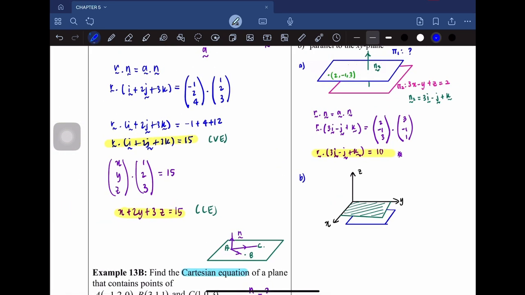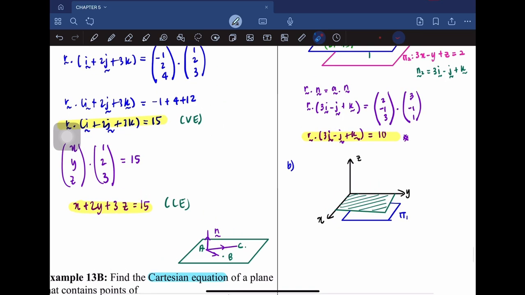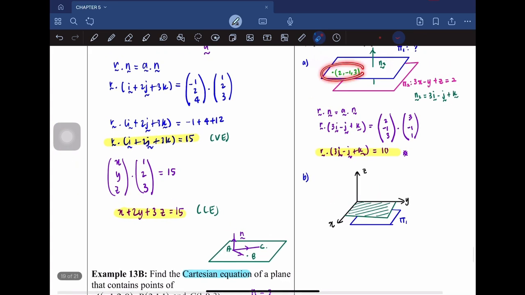Okay, so this is how it looks like. Our plane 1 is parallel to the xy plane. Okay, so we already have the fixed point. Now we need to find the normal vector. Okay, so since it is parallel to the xy plane, remember that if the vector is on the xy plane, the coordinate of z will be 0. But what we need now is a vector that is perpendicular, meaning that it is in that direction.